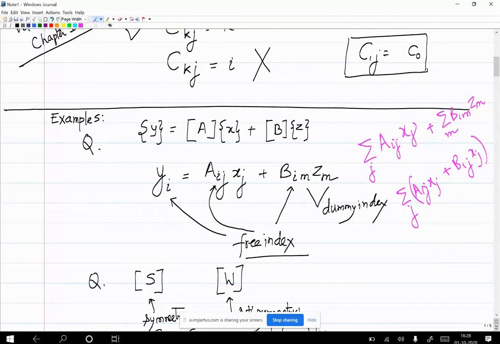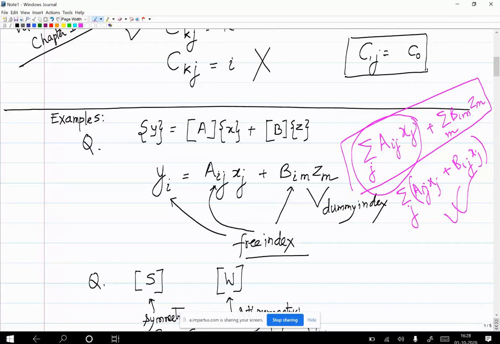Maybe you are asking how it is going to be done when you write it in a program. In a program, for example, you will have a single loop for J and this will work out. If you want to associate individual loops for each of the dummy indices, then you will have to have 2 loops. One loop over J, which computes your first term, and a second loop over M, which computes your second term, and then you sum them together.